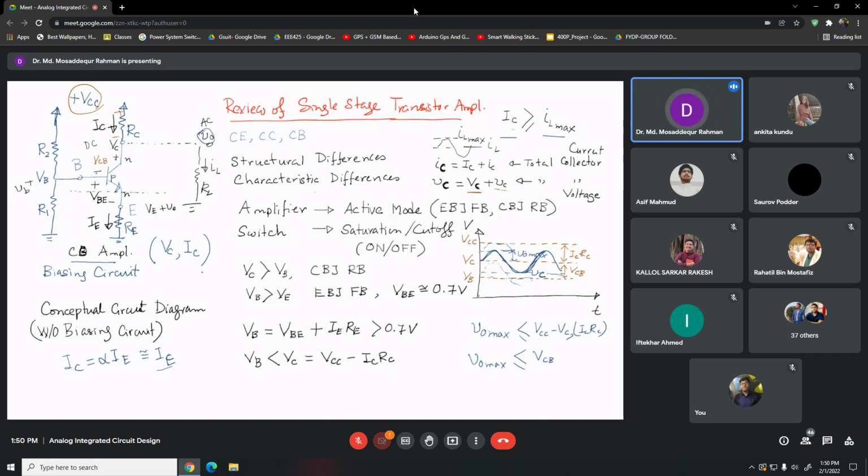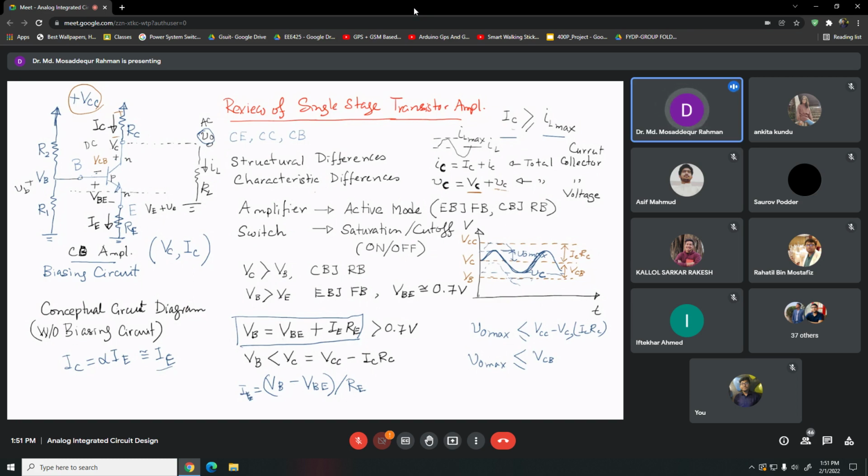In order to determine the value of IE, you use this equation. If you rearrange the terms, IE is VB minus VBE, divided by RE. From this expression, you can fix the value.